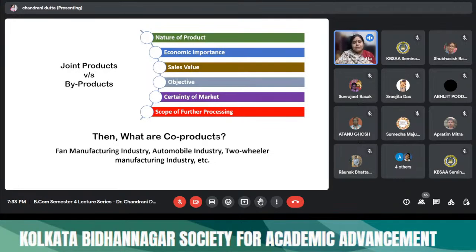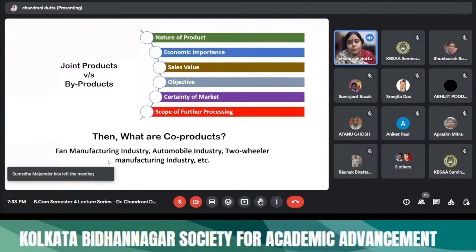Okay, like if we take the case of suppose automobile industry. Okay, in case of automobile industry, you have different variants of automobiles, like you have hatchbacks, you have sedans, you have SUVs. Okay, so these are not the joint products, these are basically the co-products. Okay, in case of fan manufacturing industry, you have a table fan, you have a ceiling fan, you have a pedestal fan, okay, you have a tower fan.